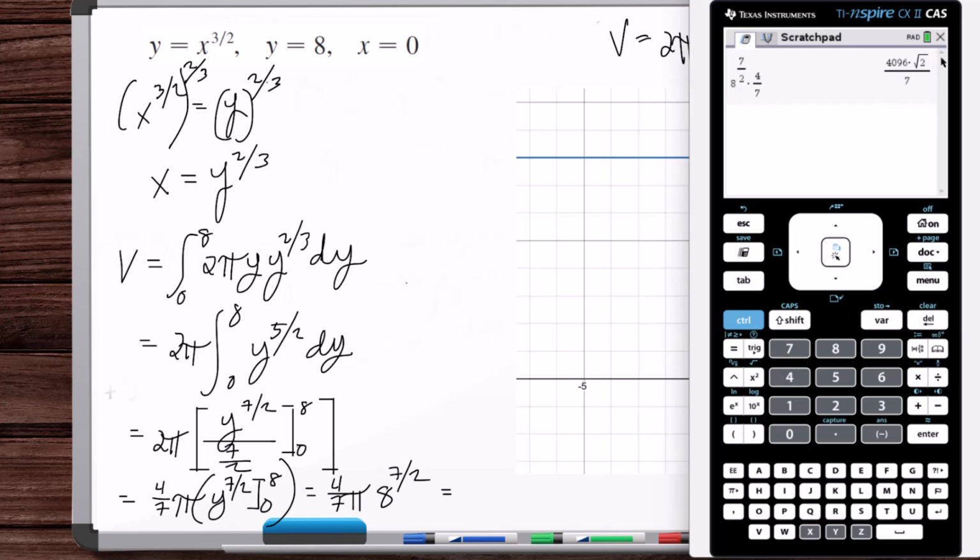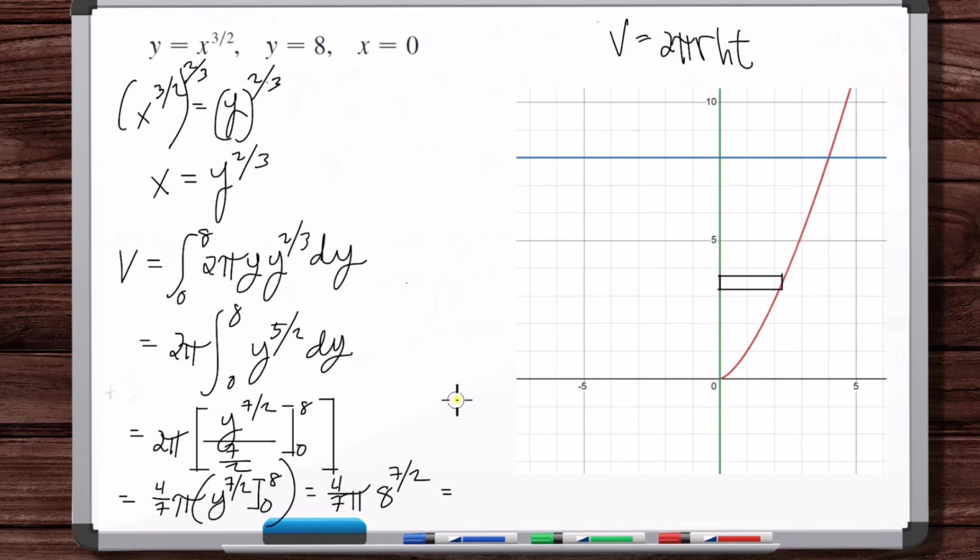Okay, wait. I don't know what I was thinking here. Y to the first times y to the 2/3 is y to the 5/3. So then you get 5/3 plus 1 is 8/3, divided by 8/3.